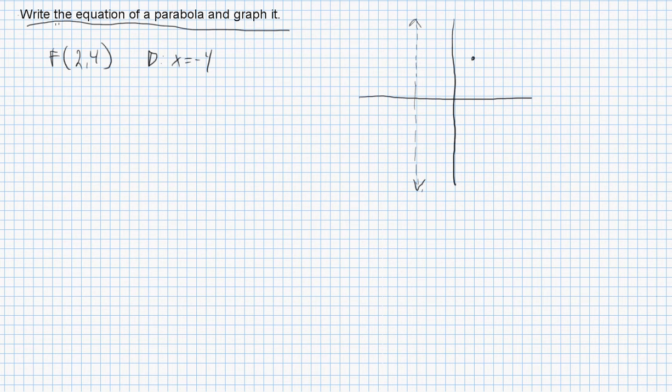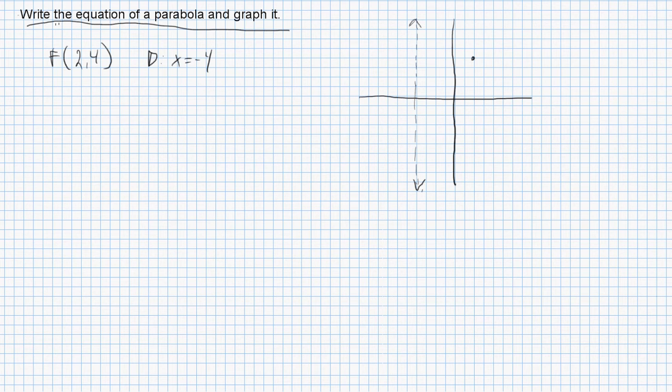Now, we know, because of the rules of parabolas, that the vertex point, which we need in order to write the equation, is going to be halfway between those 2 points. We can see it's 6 units over between the focus and the directrix, so the vertex has to be 3 units over.